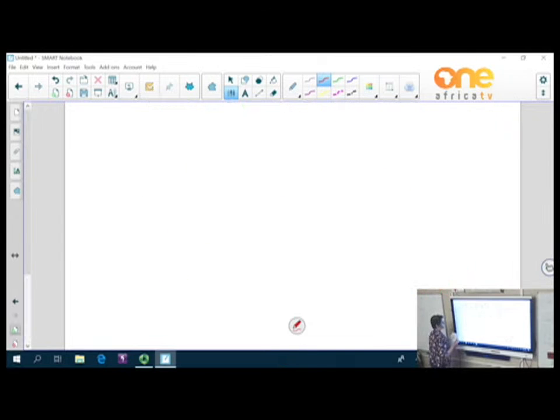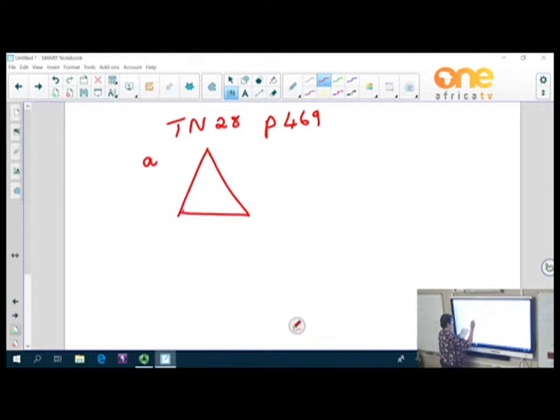Now we're going to look at the next one where we are finding the angle now. So this is now try now 28, and we are busy on page 469. Right, the first one there, I draw the picture. This is triangle PQ is 4 centimeters. QR is 5 centimeters.